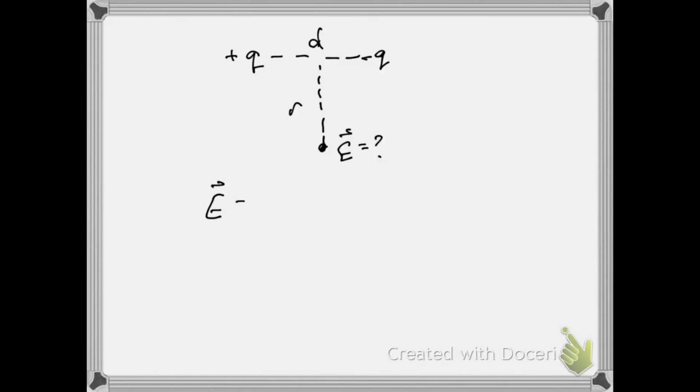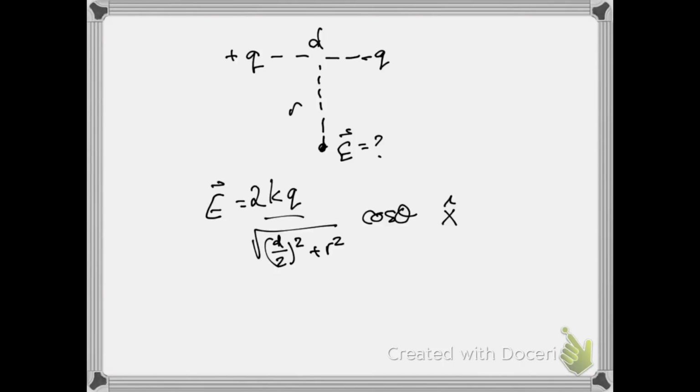So the electric field is kq over d over 2 squared plus r squared. There was a 2, and there's a cosine theta, understanding that we know what cosine theta is by doing some geometry. So that's the electric field at that point. What's the direction of the electric field? It's the direction of the electric force, x hat direction.